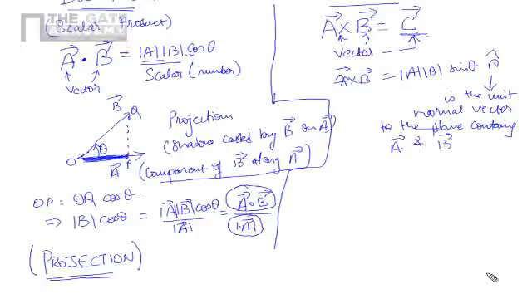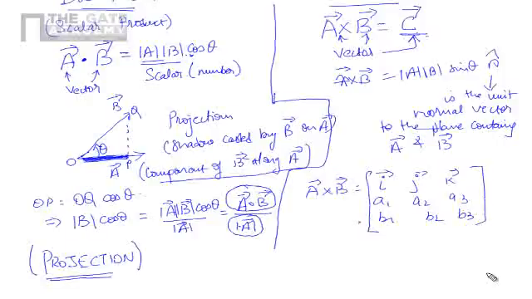Or also I can write A vector cross B vector as the determinant of I, J, K. If A1, A2, A3 are the components of A vector, B1, B2, B3 are the components of B vector, it can be written like this. That is, my A vector is nothing but A1i plus A2j plus A3k. Similarly, my B vector is nothing but B1i plus B2j plus B3k vector.